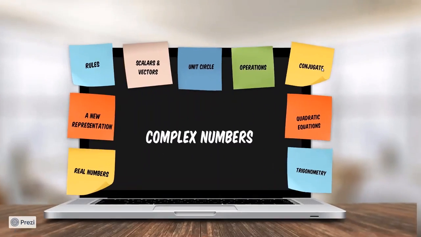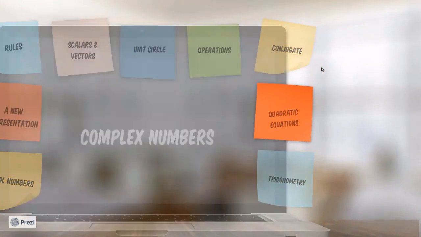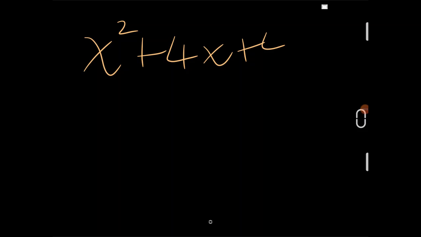Now let us see a few things about quadratic equations. I'm sure you have already studied what quadratic equations are, so let us look a little more into that. One example will be x square plus 4x plus 4, and you all know how to solve this, right?